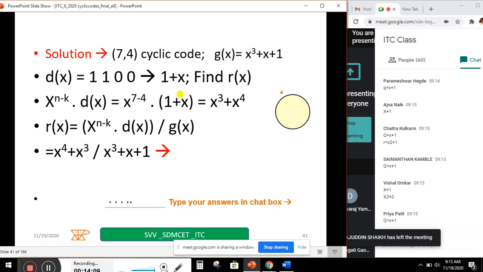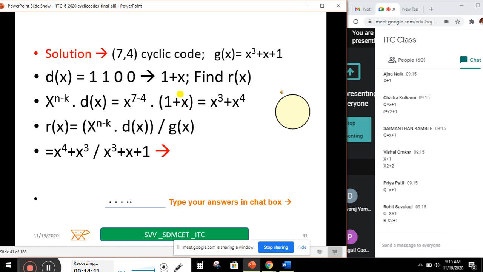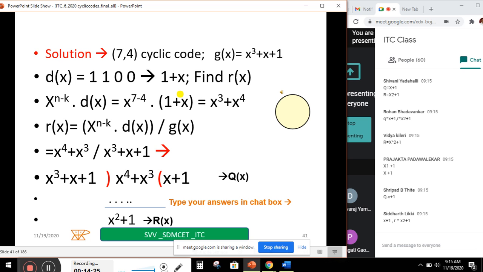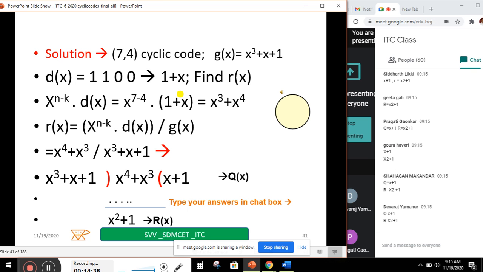I also got x plus 1, and Devraj and others also got the same answer.